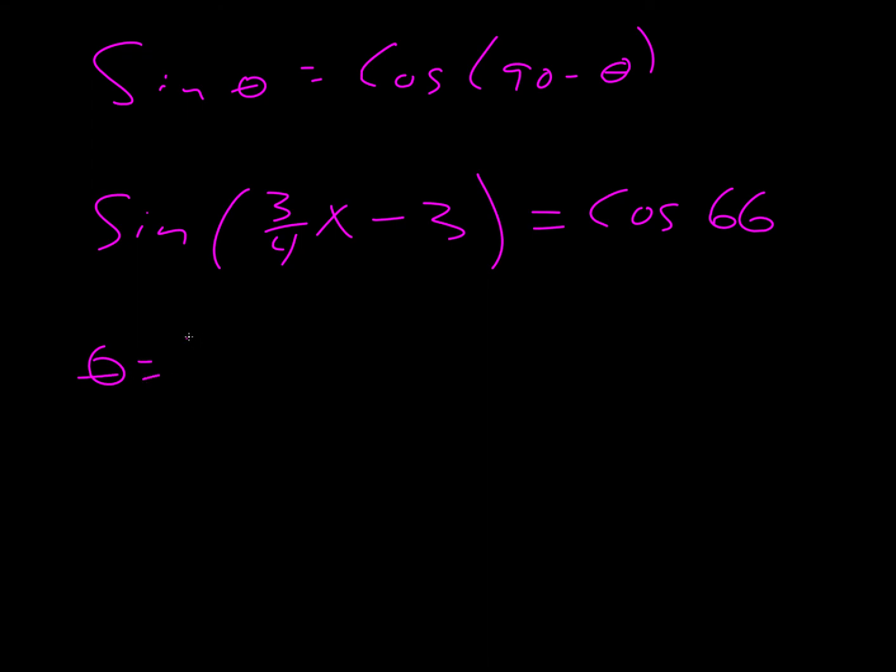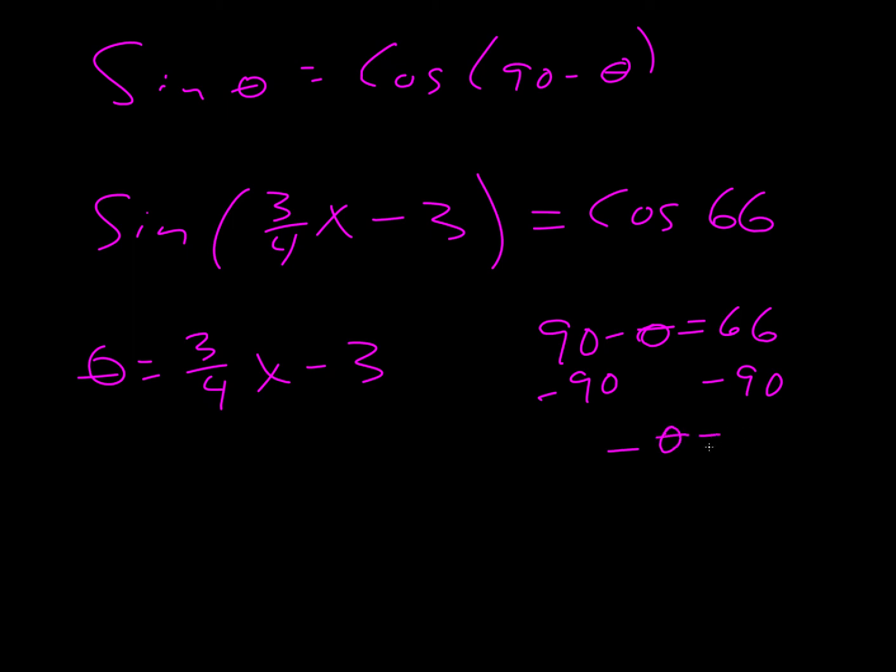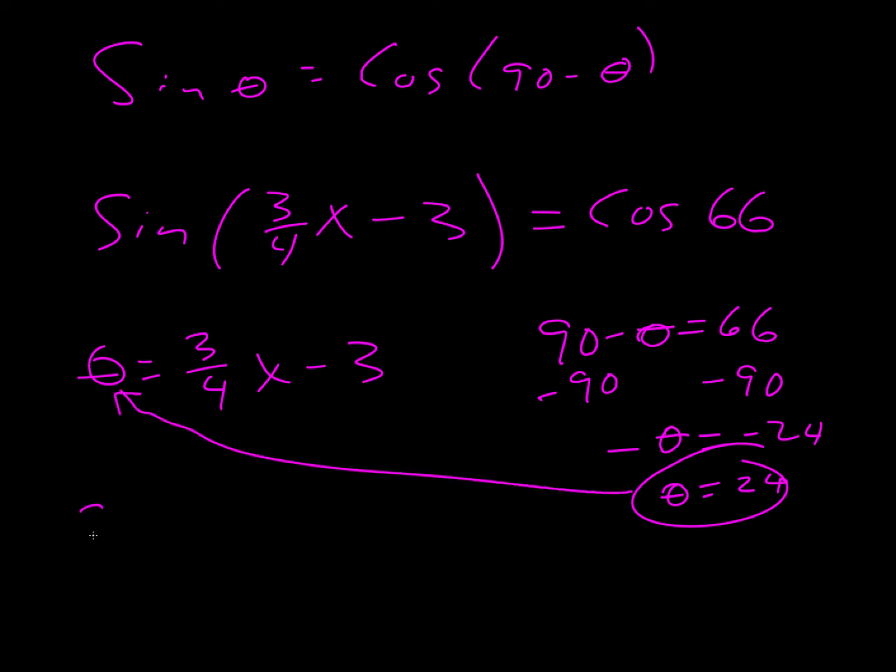Theta equals 3/4 x minus 3. And then 90 minus theta equals 66. Just taking this and this, setting them equal to each other. We want to solve for theta first. So we minus 90, minus 90. What is that going to be? 24. So negative theta equals negative 24. Theta equals 24.